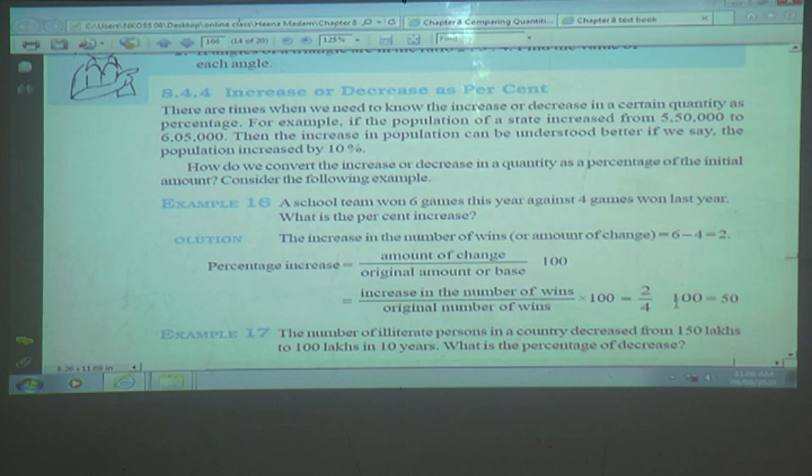After reduction, 4 ones are 4, 25 twos are 50. So in this way we can say that the percentage increase is 50%.